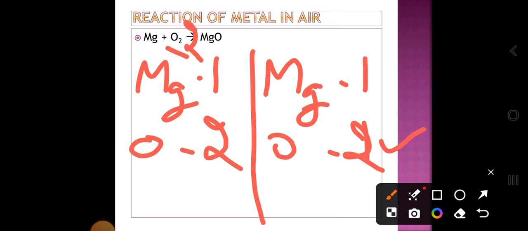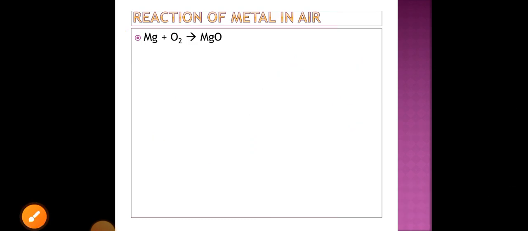But now magnesium is two atoms on the product side and one on the reactant side. So hence I will write 2 Mg. Now the balanced equation will be 2Mg plus O2 giving rise to 2MgO. So this concludes the reaction of metals in air.